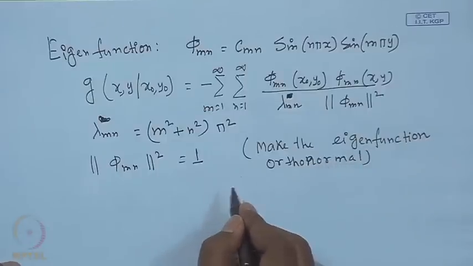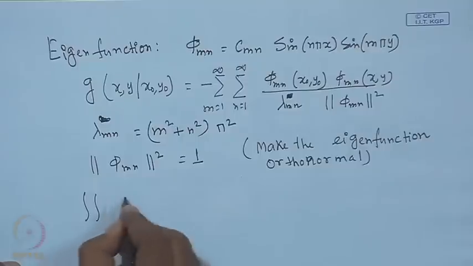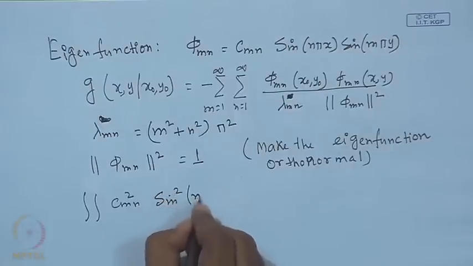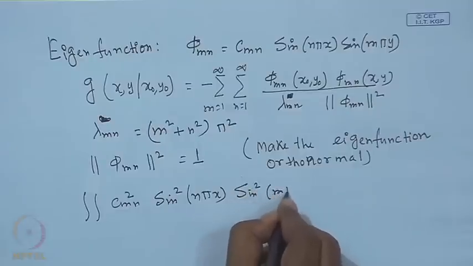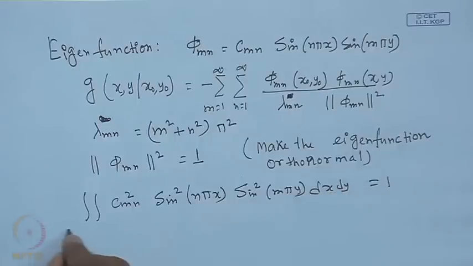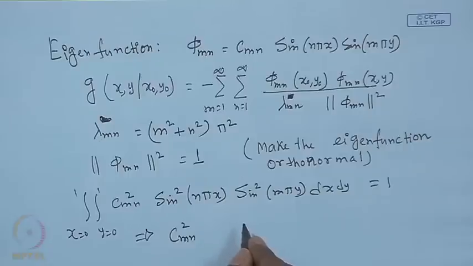If we make the eigenfunction orthonormal, let us see what we get. It will be nothing but the double integral of C m n square sin square n pi x sin square m pi y dx dy is equal to 1, with x from 0 to 1 and y from 0 to 1. We can carry out this integral since they are in product form, so we can carry out this integration independently.